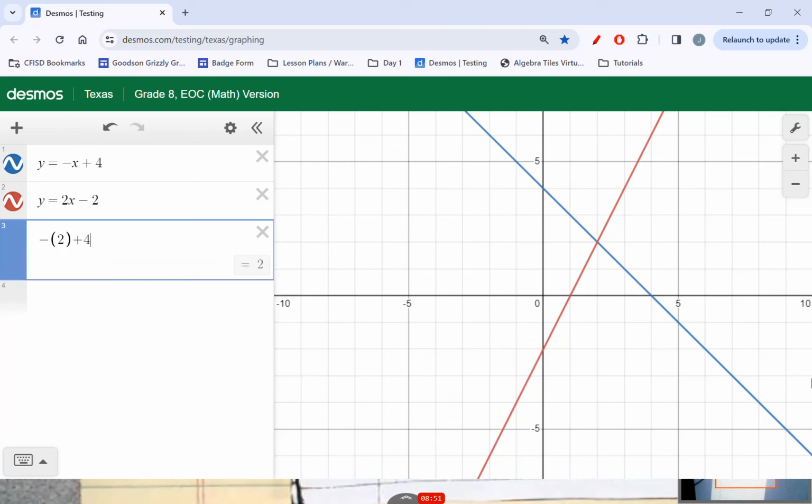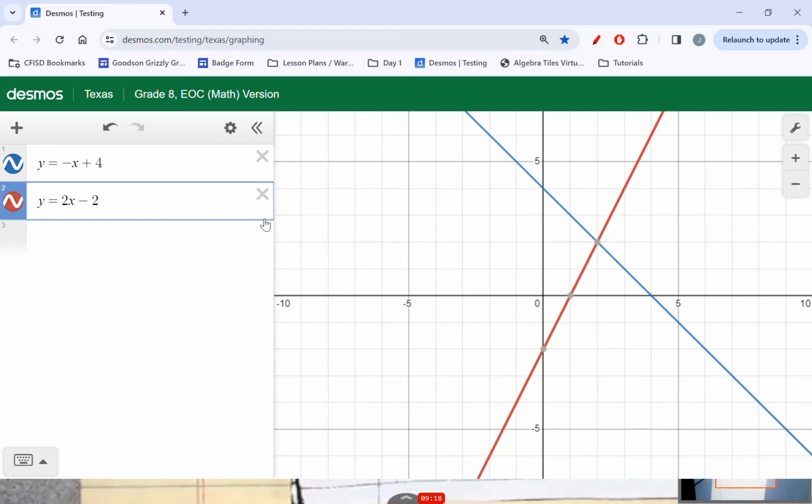So if I plug in 2 for x everywhere I see it, the y value that outputs should be the same for both equations. So when I plug in 2, both of the outputs for both of the lines are 2, meaning that they share a solution at x is 2, y is 2.